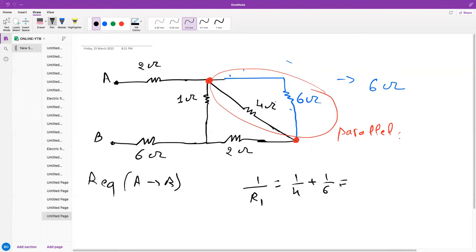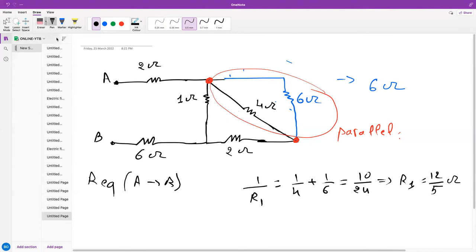So 1 over 4 plus 1 over 6 will be 10 over 24, which means that R1 will be equal to 12 over 5. We just simplify, and this is in ohms.